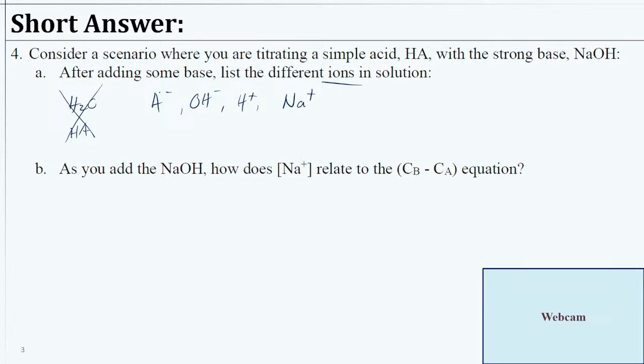So then part B asks, as we add NaOH, how does that sodium concentration that we're adding relate to the Cb minus Ca equation, so the net strong base? And I was hoping that you guys would recognize that while we do have this formal Cb minus Ca equation, essentially what it equates to is all of the things that participate in some sort of acidity, right?